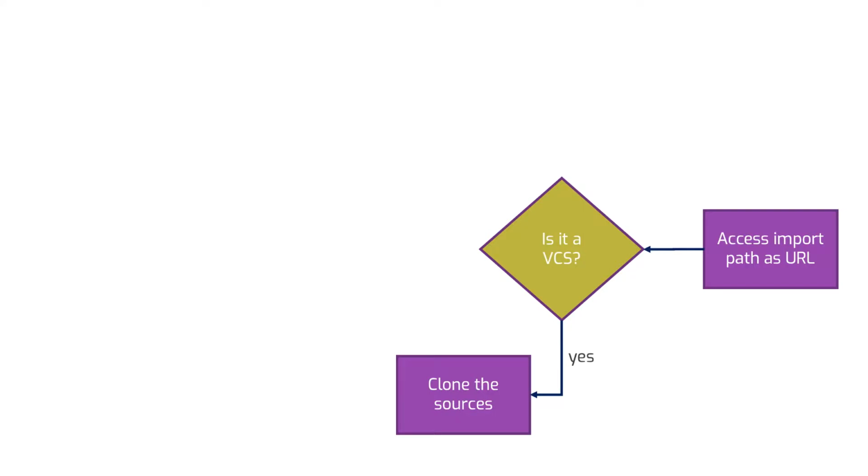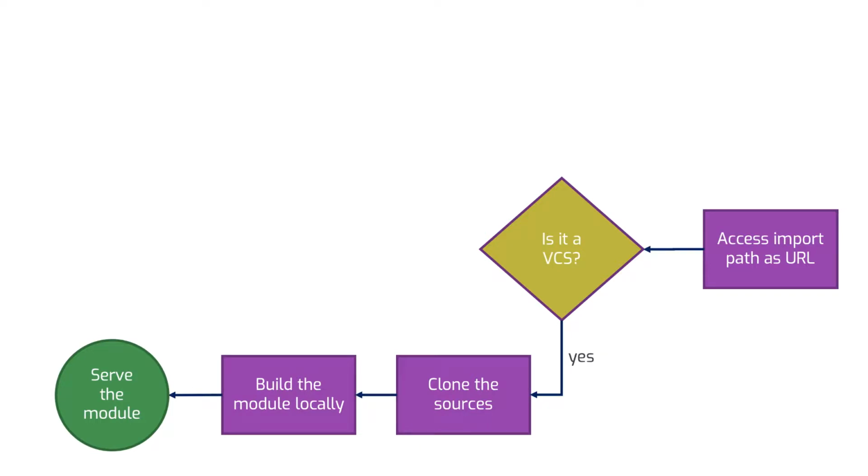If it is a version control, it will run the git clone command. It will actually clone those sources, and will create a module, which is basically an archive of those sources, plus metadata that describes what it is. And then it will serve the module to your Go source in order to compile them together.